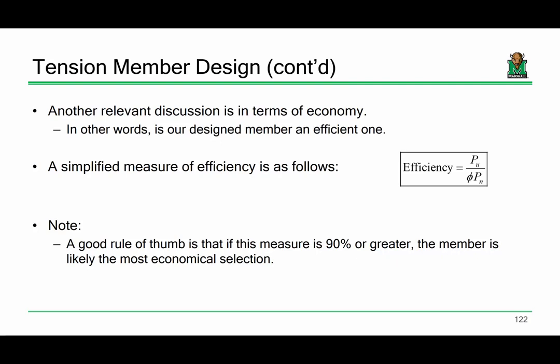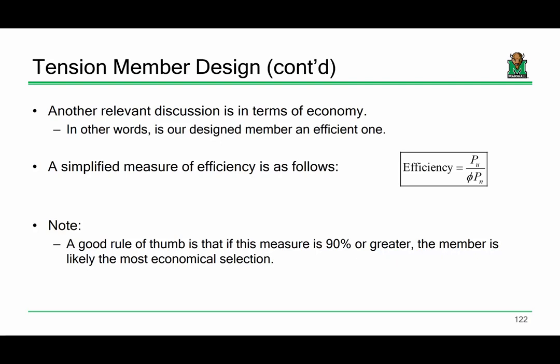Okay? That's a very simple means of determining whether or not your design is efficient. A good rule of thumb is if your efficiency is 90% or greater, you're good. Okay? You're more often than not picking the section that is most economical.